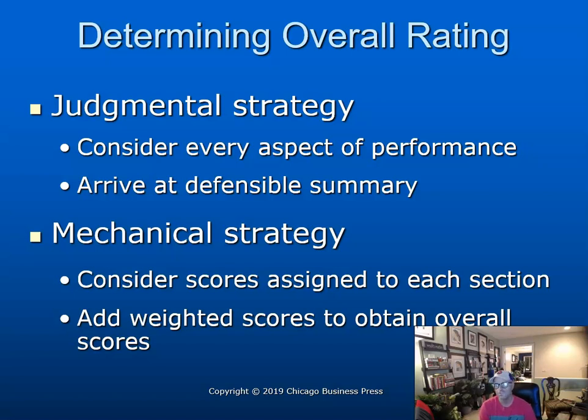But if you work for a manager who does not call the game fairly, who does not score the game fairly, then you are at their whim, you're at their mercy in some way as to whether they're going to judge your performance in a fair and equitable manner.